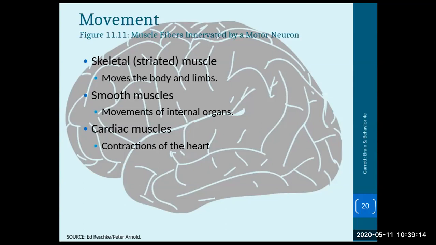And of course, actually the heart itself is its own system called the cardiac. So contractions of the heart, meaning causing it to beat and pump blood, are very specific. So smooth muscles would be the other internal organs, if there's any other damage or movement or function for the heart, but the actual contractions of the heart and pumping the blood are the cardiac muscles specifically.